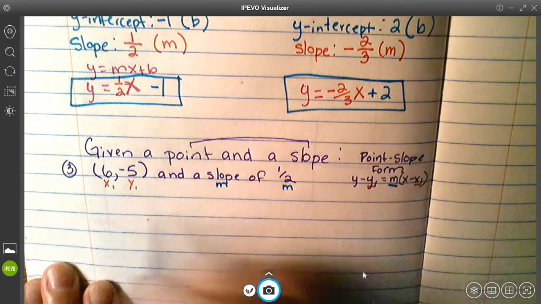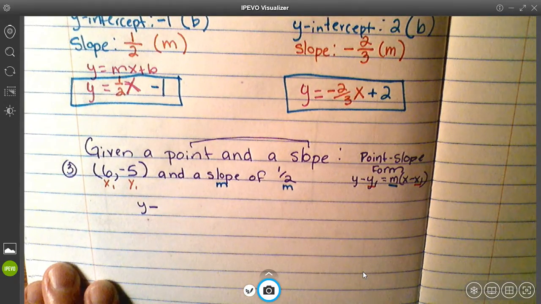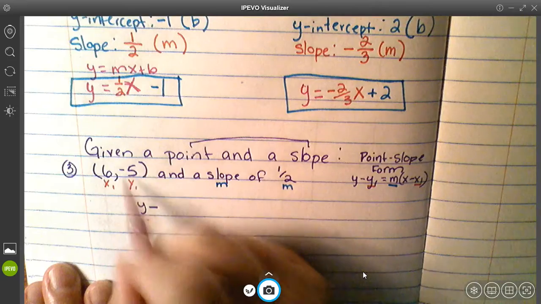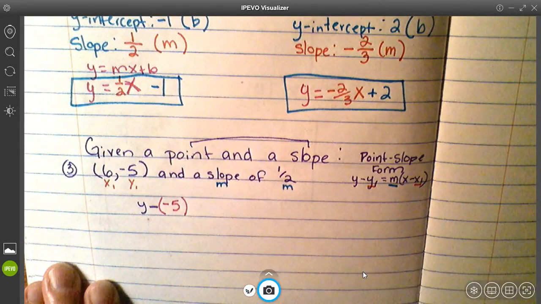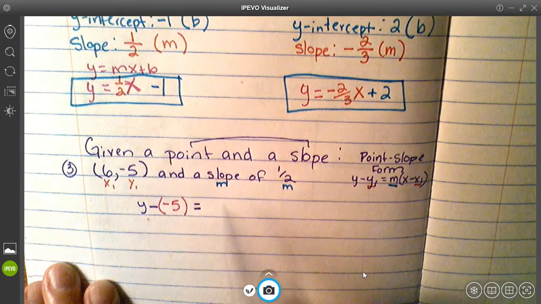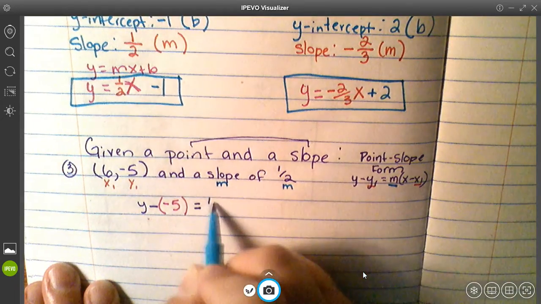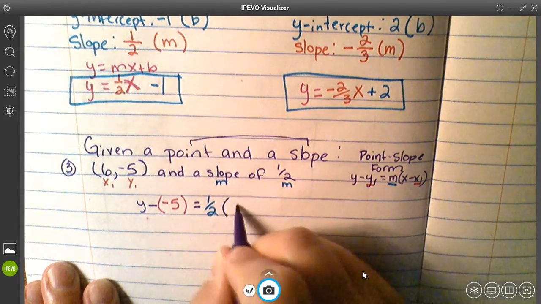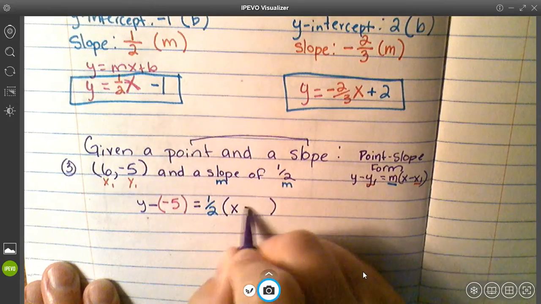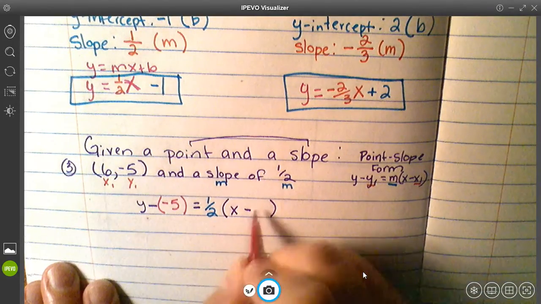Okay, so I have y minus y1, which is -5, equals m. M is 1/2, times x minus my x1, which is 6.